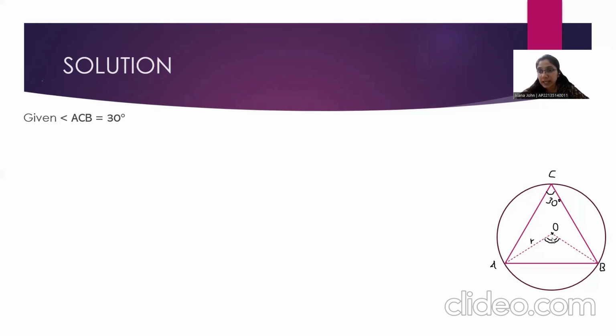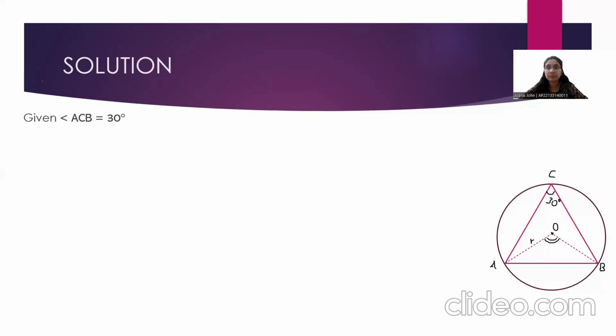Here see the angle formed at the center O. This is the angle subtended by the chord AB at the center, and 30 degrees is the angle subtended by the chord AB at a point on the circle.